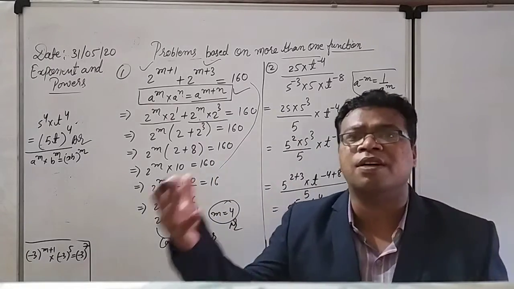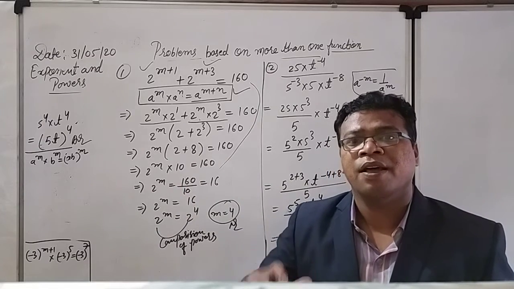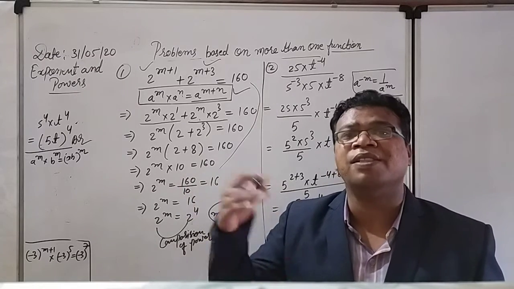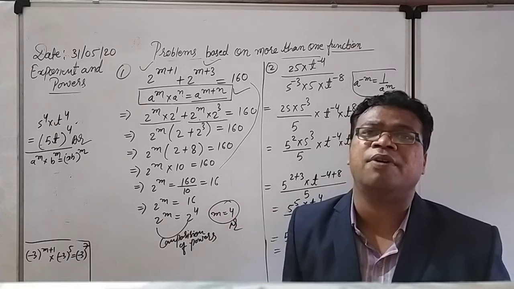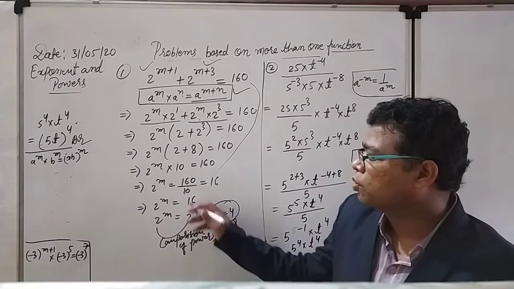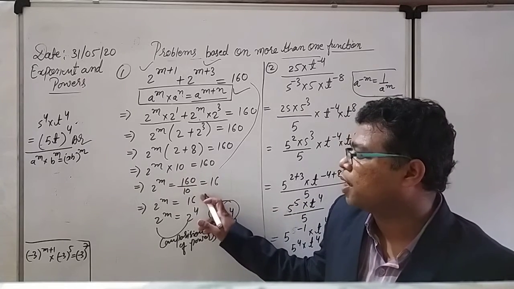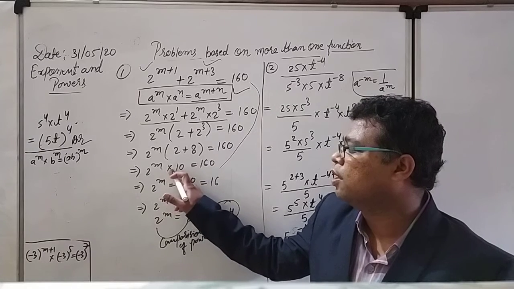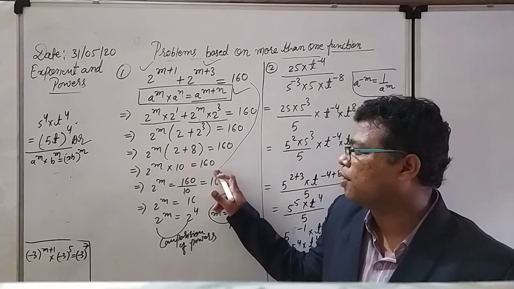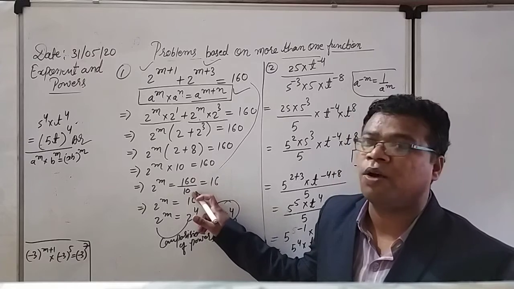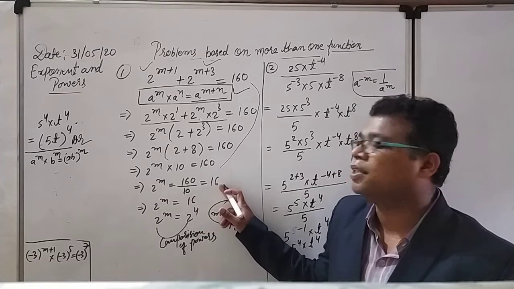That 10 will come to the downside because it is in the multiplication position. According to the equation law, when it transfers, it goes to the denominator. If I solve, I get 16.